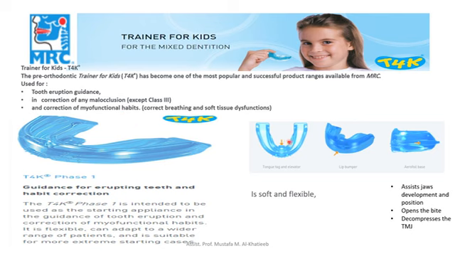It has a tongue tag and elevator, a lip bumper and an aerofoil base. It is usually the trainer for kids. Usually it is soft and flexible.